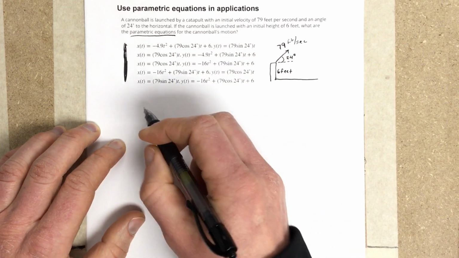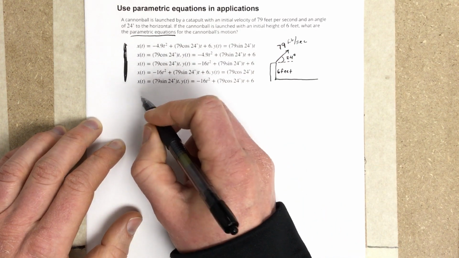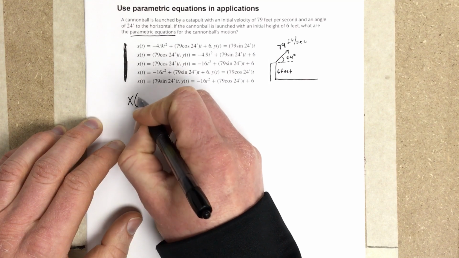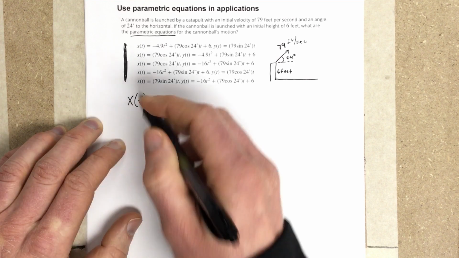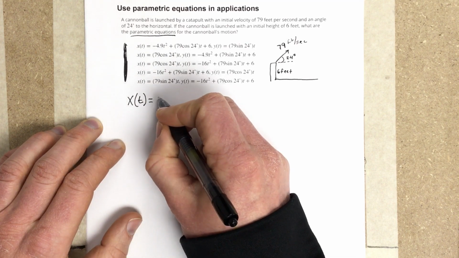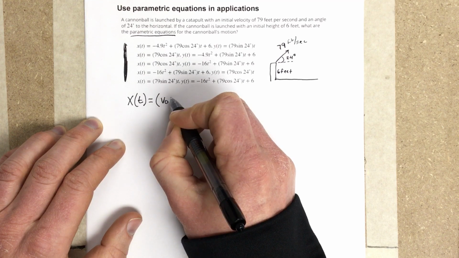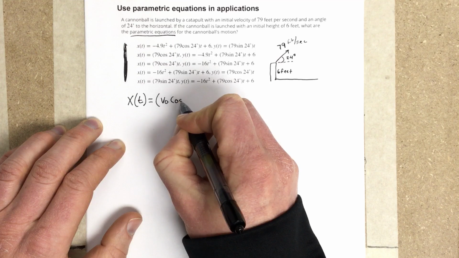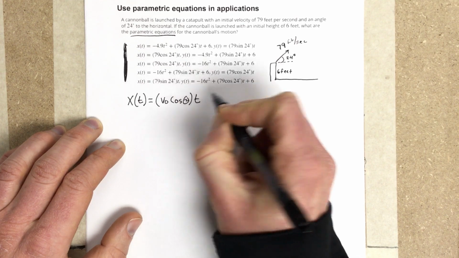And there's a couple formulas for the parametric equations. The x position with respect to time, x of t, is going to equal V0, the initial velocity, times cosine theta times t.